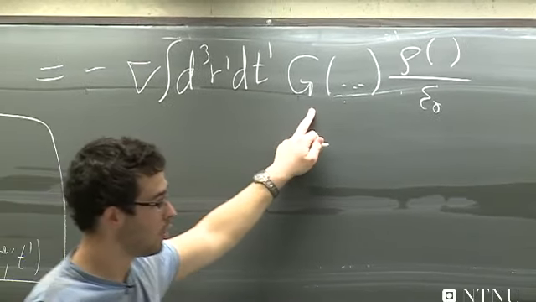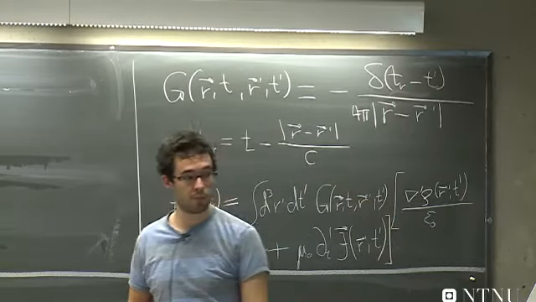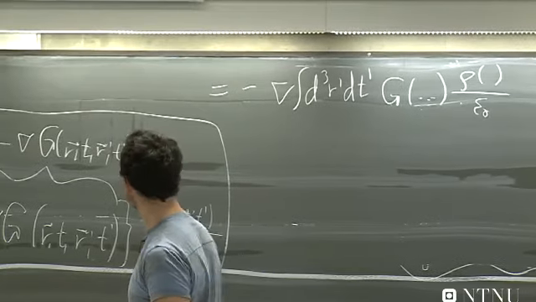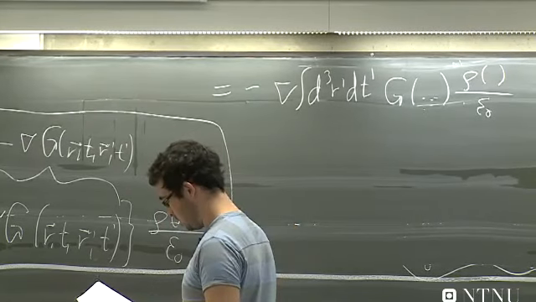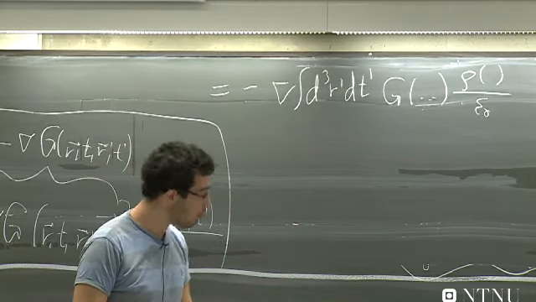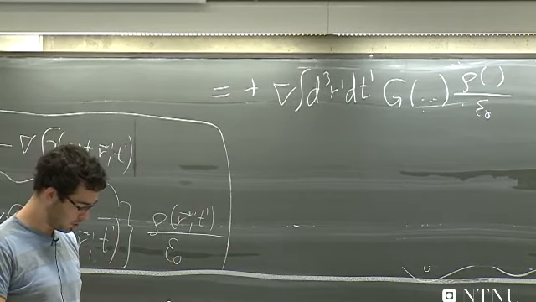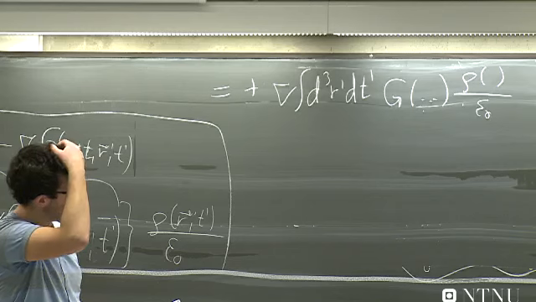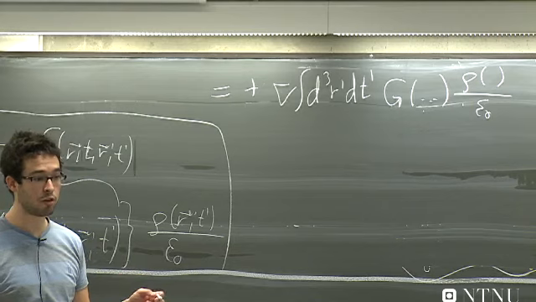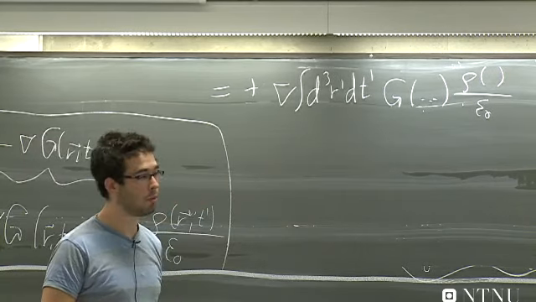Now if you look at the Green's function, the time dependence is really easy. It's just a delta function. Okay. So we found that the Green's function was simply a delta function in time. So I can perform the t prime integral without knowing anything about the charge distribution.